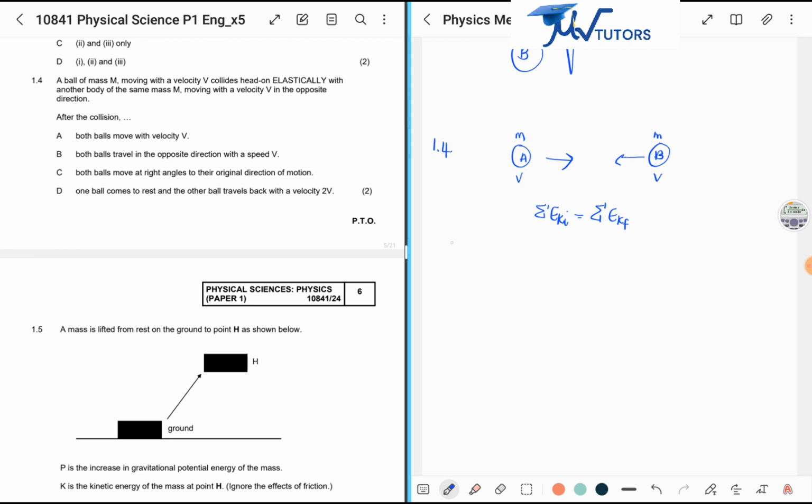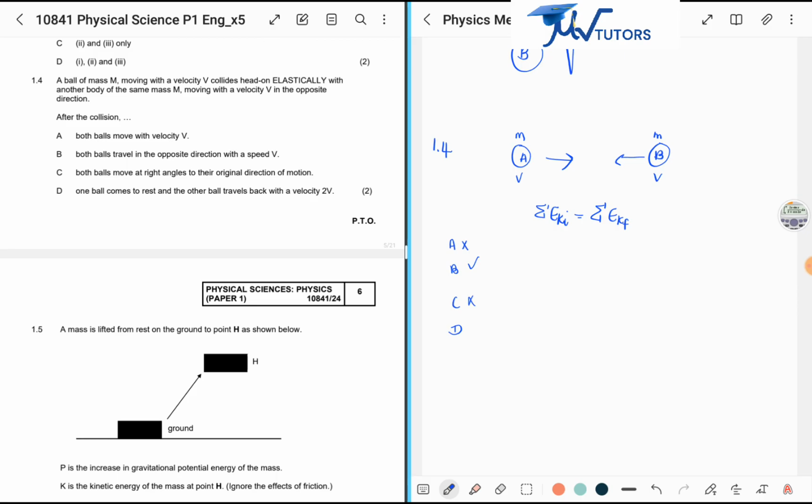So yeah, A, I'm just going to ignore. B, both balls travel in the opposite direction with a speed v. Remember, speed is magnitude, so yes. C, both balls move at right angles to their original direction of motion. I'm not so certain about that. I don't think so. And then D, one ball comes to rest and the other ball travels back with a velocity of 2v.